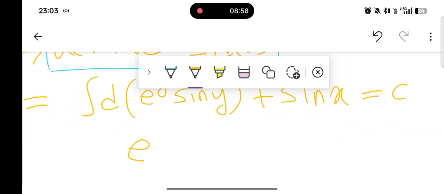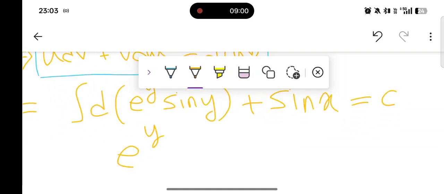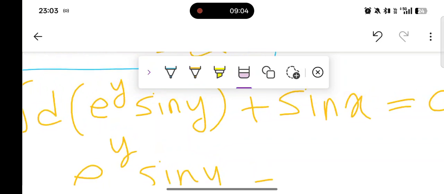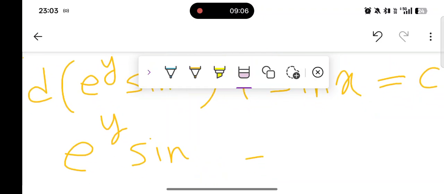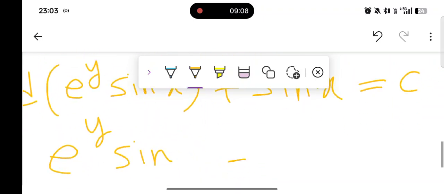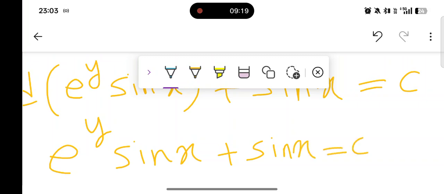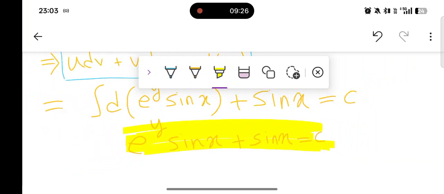Now the integration of this is e to the power y sin x, this is sin x actually, plus sin x equals c. Now this will be our final answer for this question.